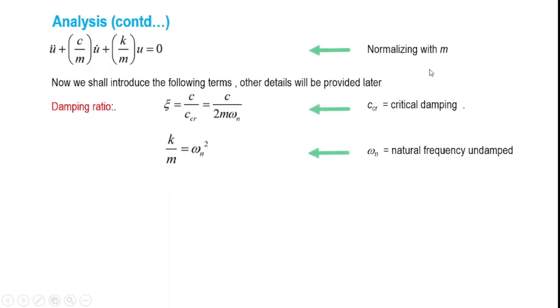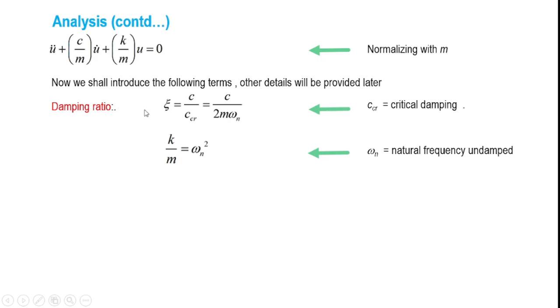Okay, fine. Let us normalize this differential equation with the mass m, which means that we divide every term by the mass m. This provides us the equation u double dot plus c by m into u dot plus k by m into u equal to 0. Now let us introduce the following two terms. One term is familiar to us and the other is a new term, the damping ratio.